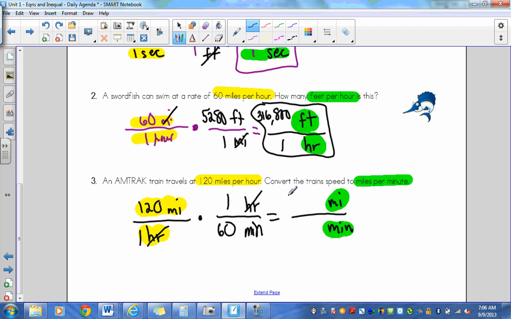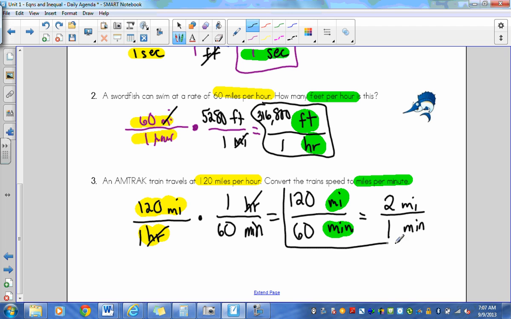And so 120 times 1 gives you 120 miles per 60 minutes. That one, you didn't end up with 1 in the denominator, so you could divide 120 by 60, and you would get 2 miles per 1 minute. Either one of these is acceptable. One is written as a unit rate, and one is not.